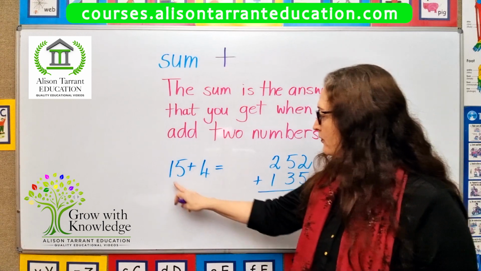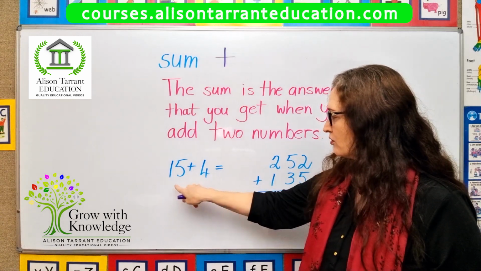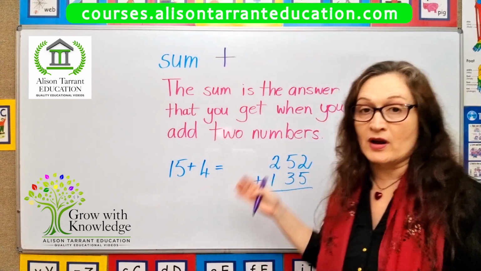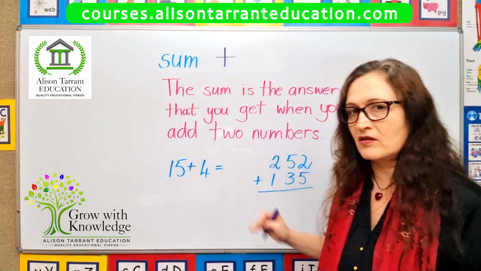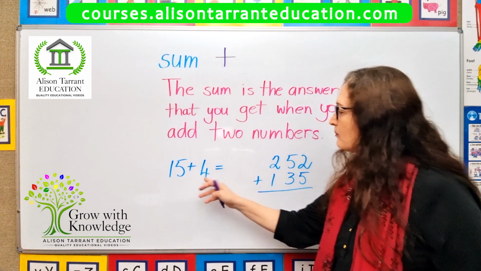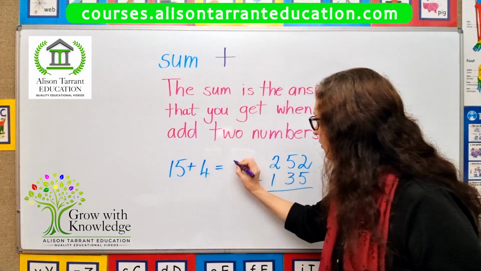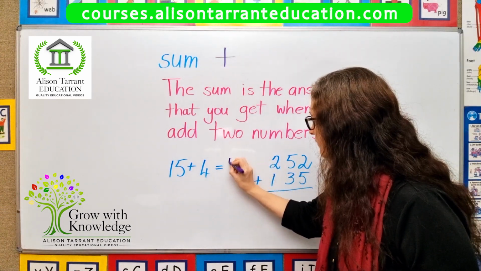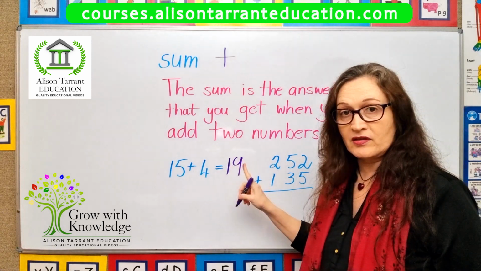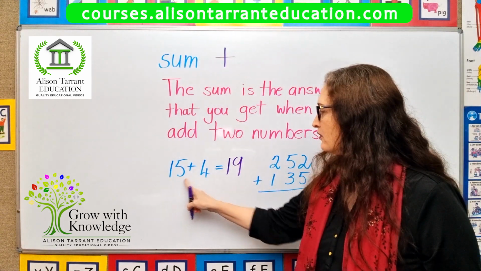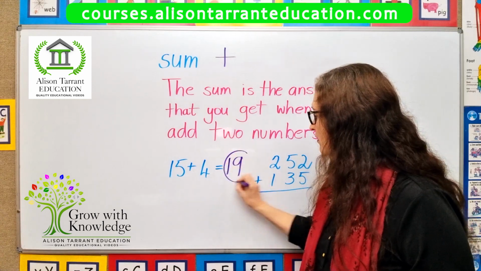So if you have 15 plus 4, there's your two numbers, or more numbers. Obviously you can add more than two numbers, but we're just keeping it simple. So 15 plus 4 is 19. So 19 is the sum when you add 15 plus 4. So that is a sum.